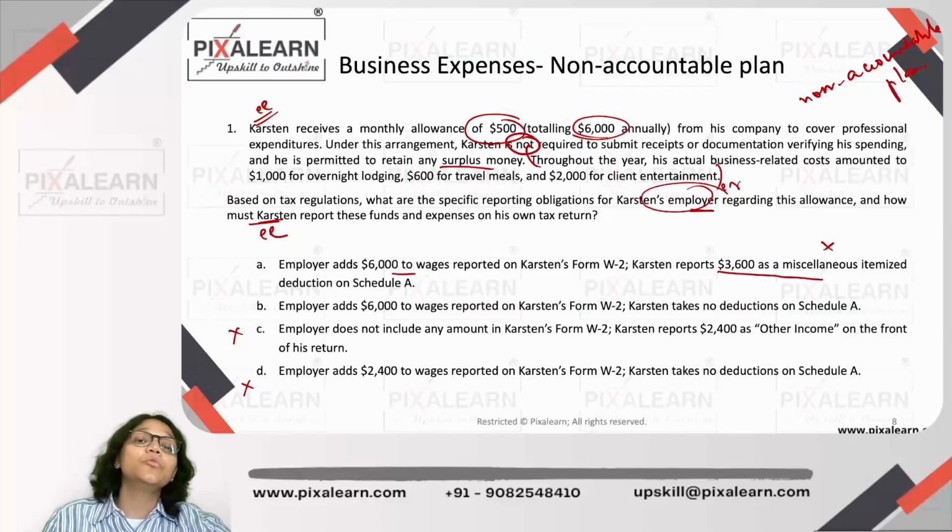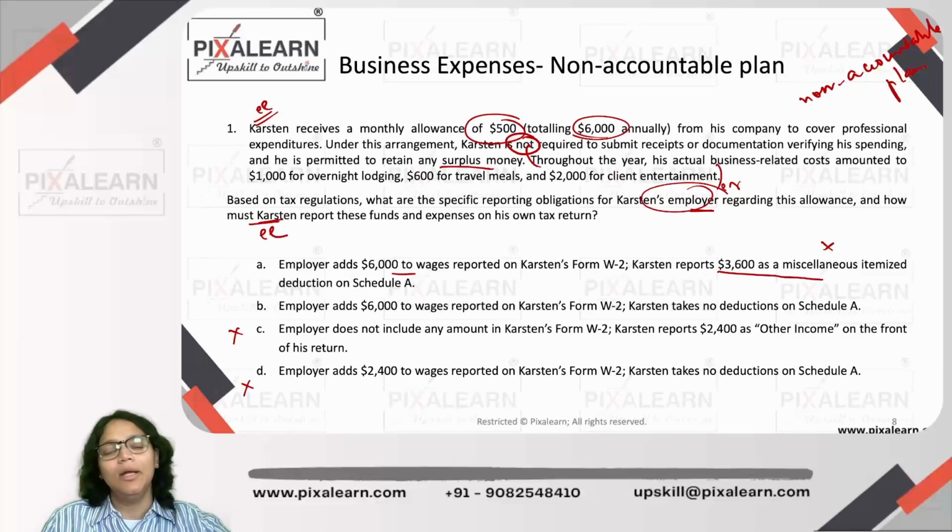Please remember there was once, a long time back, before the Tax Cuts and Jobs Act. By the way, Donald Trump came and there was a huge difference in the tax act. Once again, there is the One Big Beautiful Bill which has been introduced, which is going to again change everything next year. But thankfully, I'm hoping that you guys clear this year itself. So there was something called 2% miscellaneous itemized deductions.